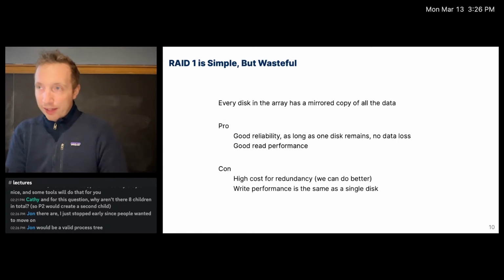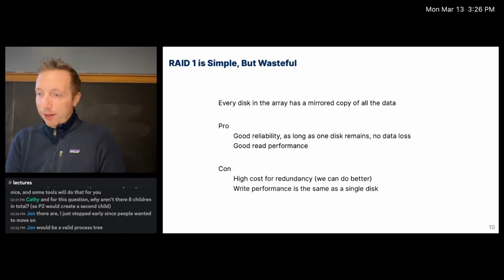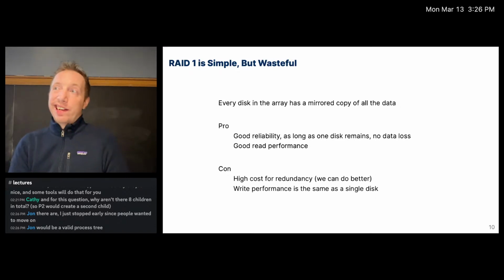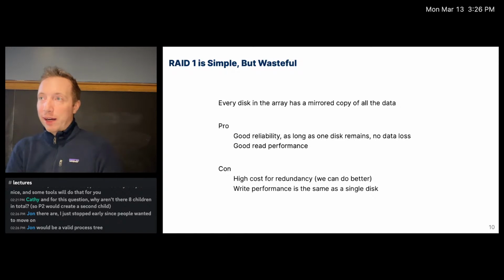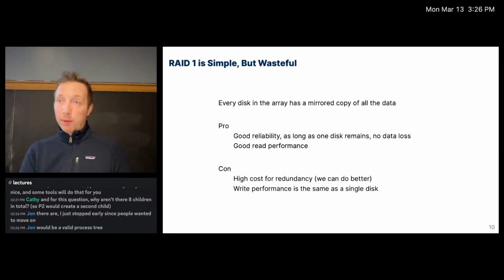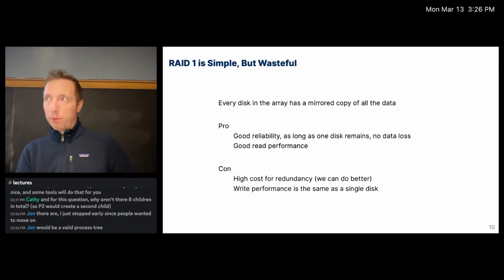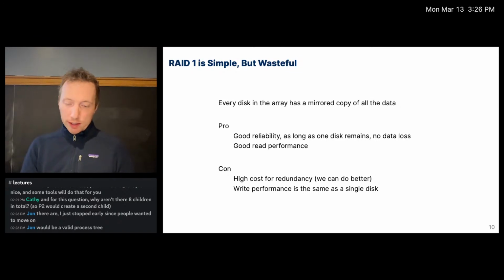So this has a really, really high cost for redundancy, so I'm wasting an entire drive, or if I have multiple things in RAID 1, then I'm essentially just wasting drive space, unless I really, really care about read performance and really, really care about my data. But you don't get any benefit to write performance. So any questions about RAID 1?